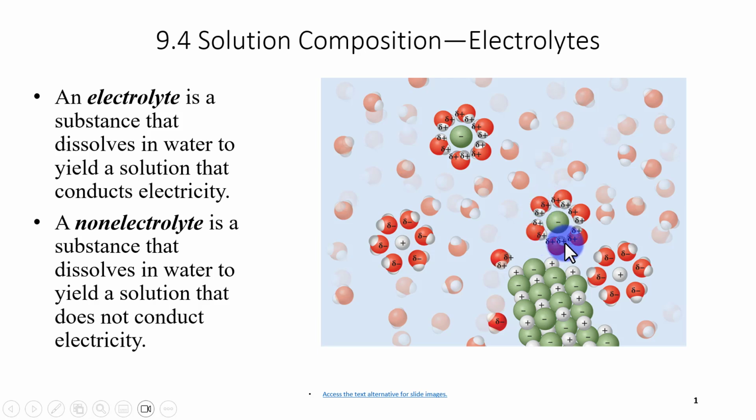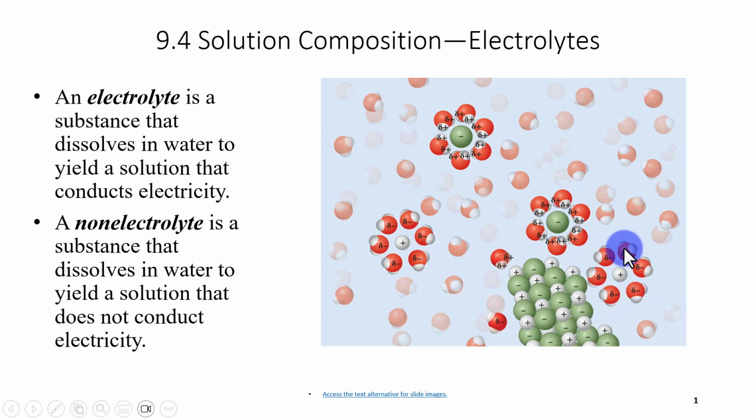All of the positive ends are going to align and get close to the chloride anion, and they're going to interact with it and be able to pull it off, suck it off, if you will, from the rest of those ions that are interacting with it in the crystal.